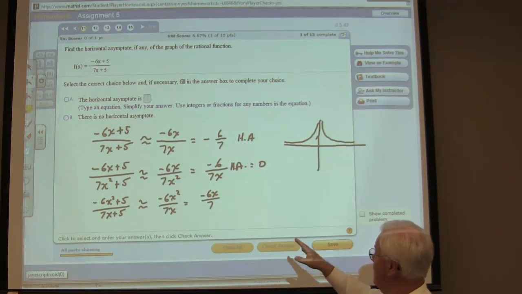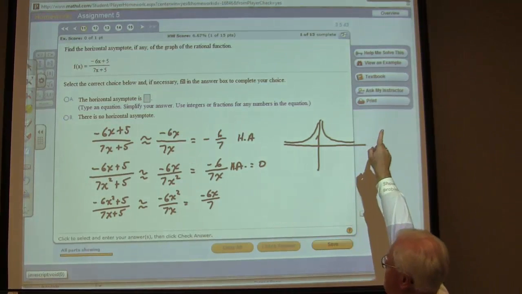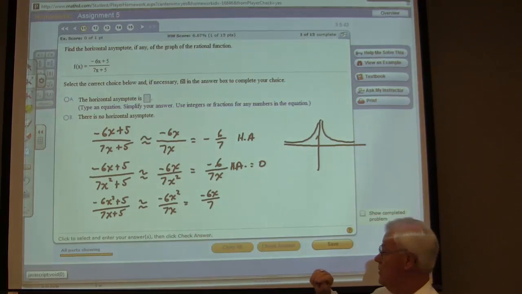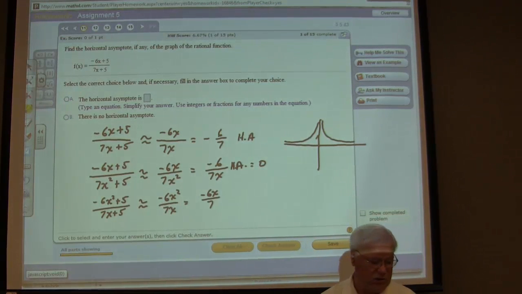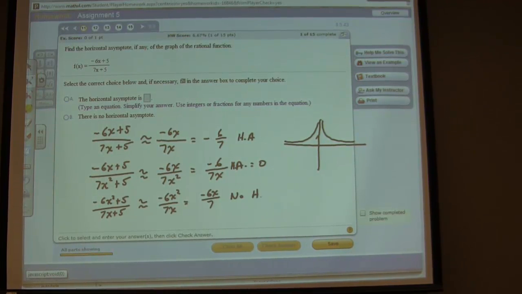So instead of approaching something, it's taking off like a rocket ship. It's going through the roof. So that one has no horizontal asymptote, because an asymptote is something you get closer and closer to but never get there. So we would say here, no horizontal asymptote.